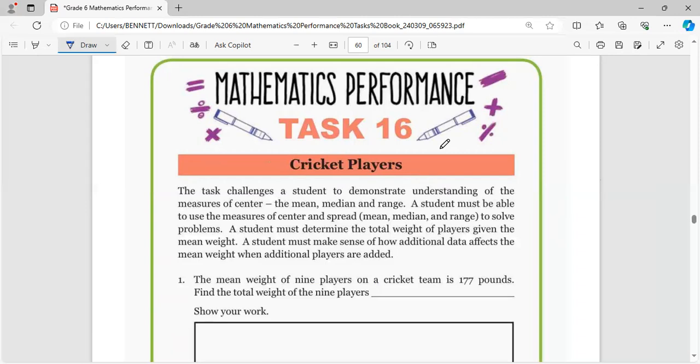The task challenges a student to demonstrate understanding of measure of center, the mean, the median, and range. A student must be able to use measures of center and spread, which is the mean, median, and range, to solve problems. And students must determine the total weight of players given the mean weight. A student must make sense of how additional data affects the mean weight when additional players are added.